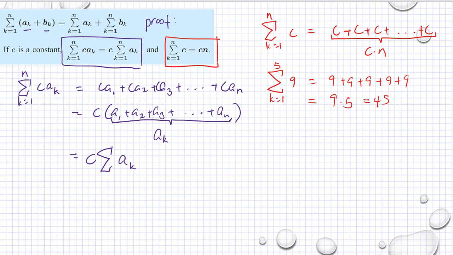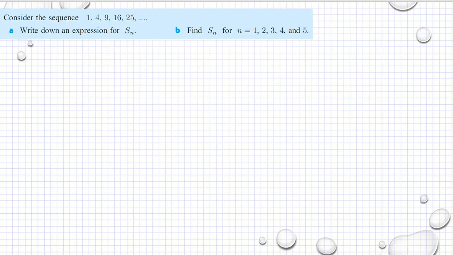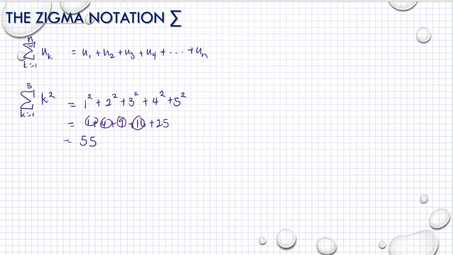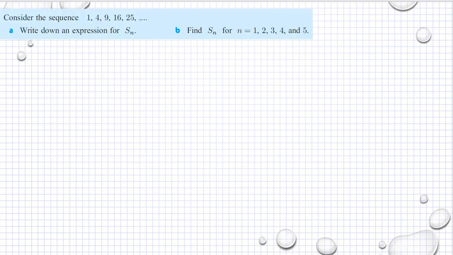Okay, let's take a look at some of the examples that I prepared. Here, consider the sequence 1, 4, 9, 16, 25. As you can see, the nth term of this is n raised to 2. So if we have s sub n, s sub n is equal to 1 plus 4 plus 9 plus up to n raised to 2.